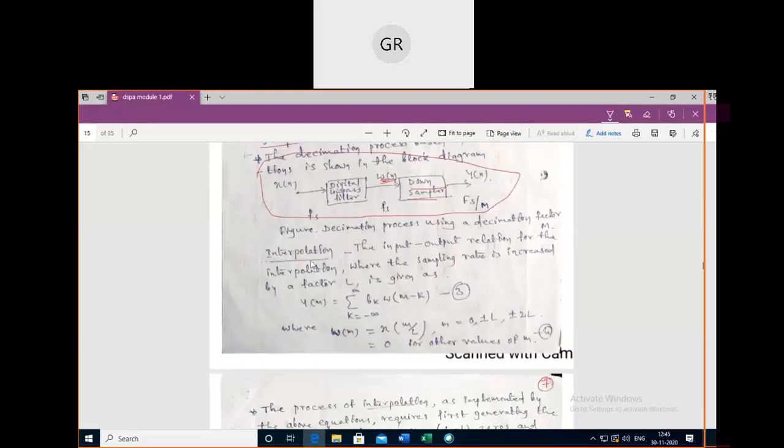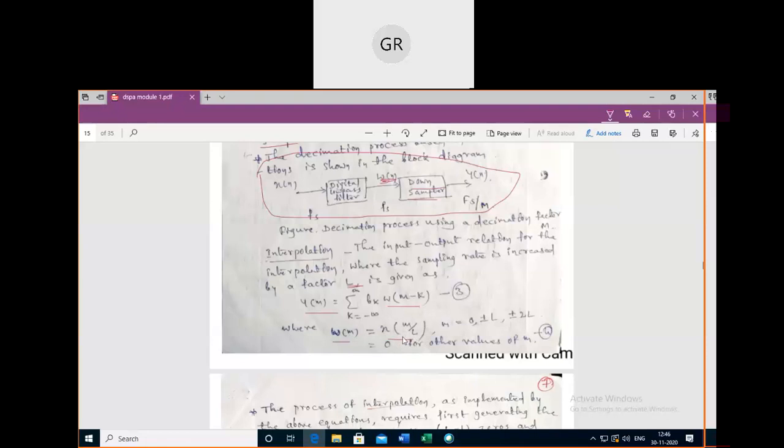Here, the input-output relation for interpolation, where the sampling rate is increased by a factor L, L minus 1 samples are inserted into x of n. The output relationship is the summation over k from minus infinity to infinity of bk w of m minus k, where w of m is equal to x of m divided by L, and the remaining values are 0.